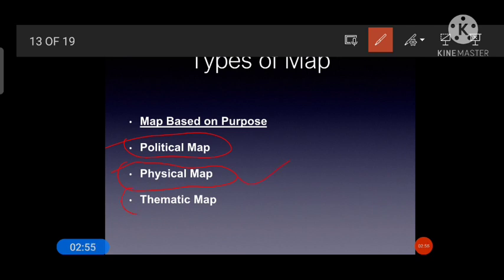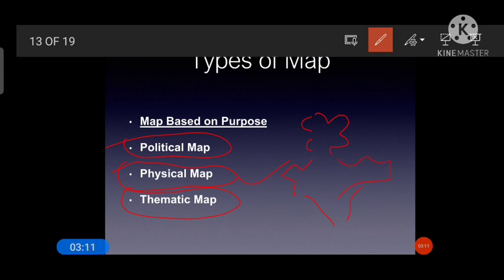And a thematic map is based on a particular theme, maybe soil. This India map is drawn based on soil, so it is a soil map of India.